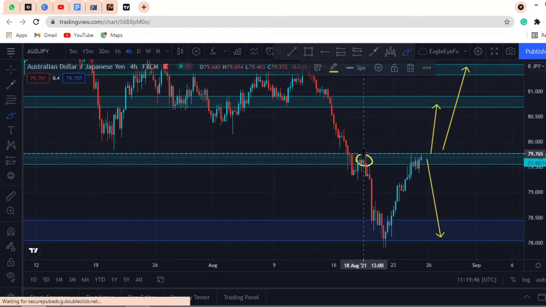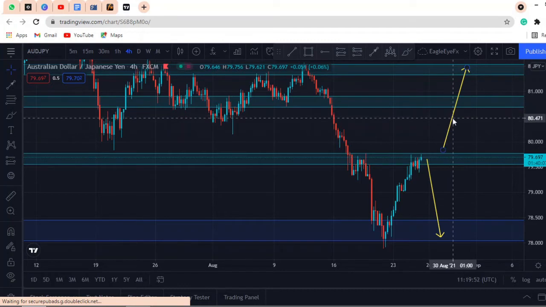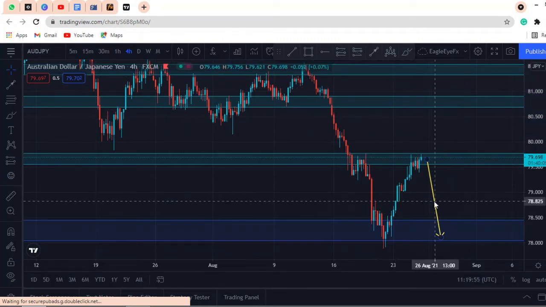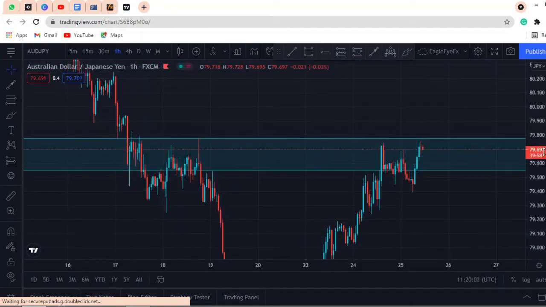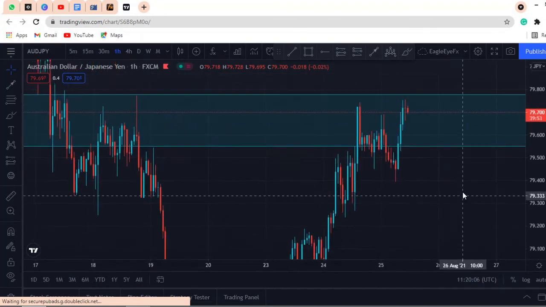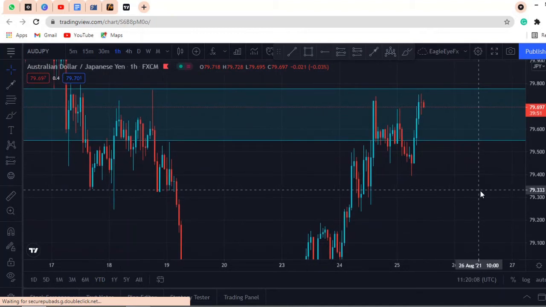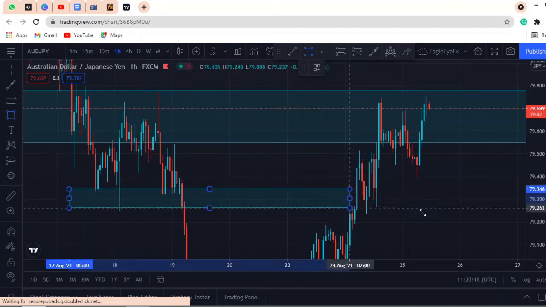Okay, but what we can do is we can still go further down to the 1-hour time frame and try and see if maybe we can see some confirmation. Let's go to the 1-hour time frame. So on the 1-hour time frame, there's a level here. Okay, there's a level here.